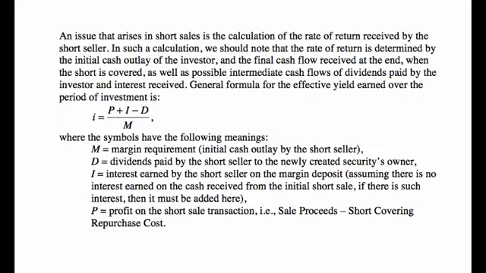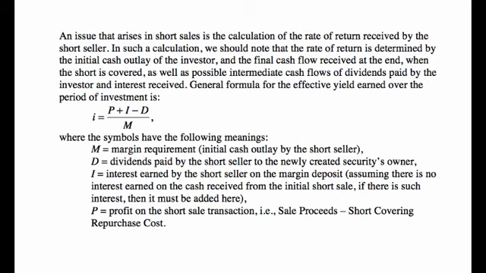So a very typical question on the exam that asks about short selling is a question of the rate of return received by the short seller. In such a calculation, you should pay careful attention to how much money the short seller spends up front and how much money the short seller gets at the end. That's basically what is telling you what the rate of return is.